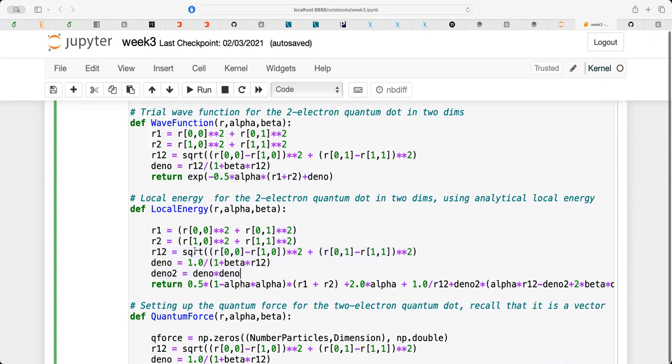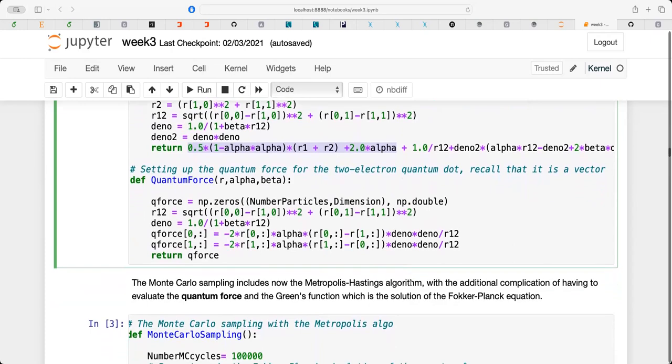But if I leave that out and just have a plain harmonic oscillator, then my local energy contains this part here, plus this term here, which comes from the harmonic oscillator potential. The rest, which you see, is the derivative of that more complicated part of the wave function. Then I'm defining the quantum force, which I'm coming back to now, which deals with importance sampling.